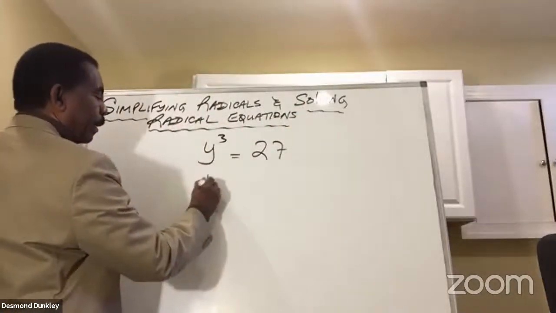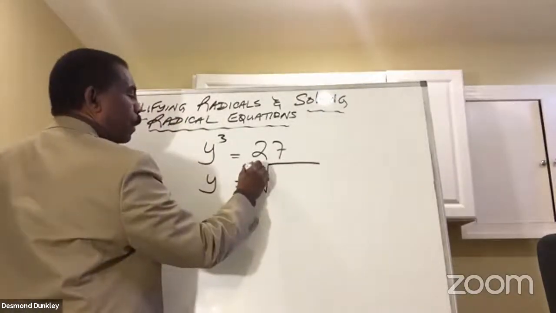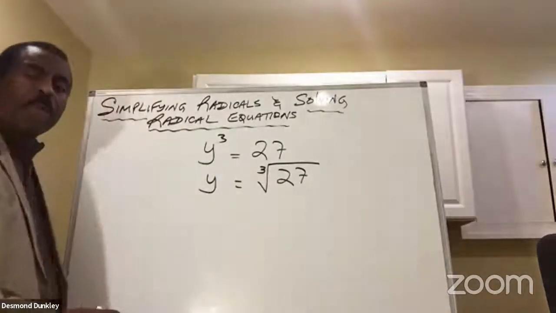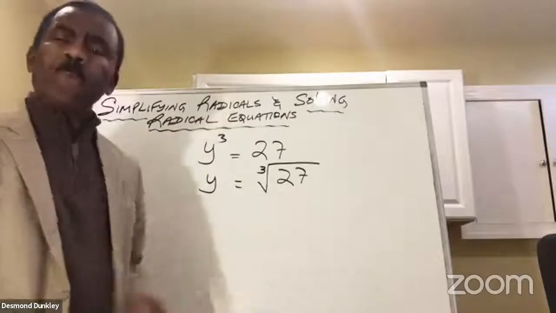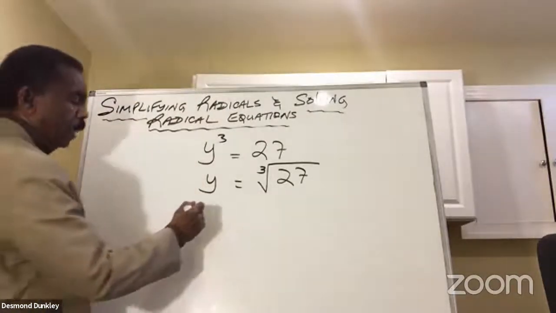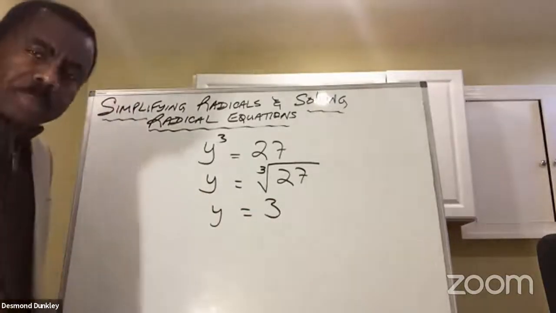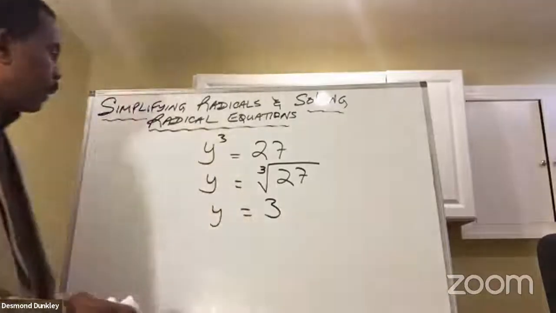So y is going to be equal to the cube root of 27, and you put the 3 here. In other words, what times itself 3 times will give you 27, and we know that 3 would be the answer, because 3 times 3 times 3 is 27.